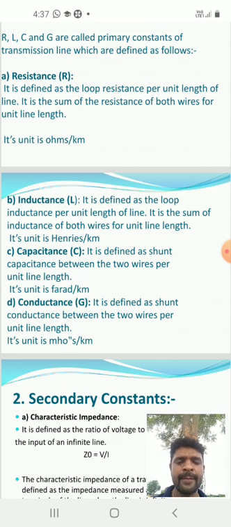So shunt conductance between two wires for unit line length is called conductance. Its unit is mho per kilometer. These four are the primary constants.